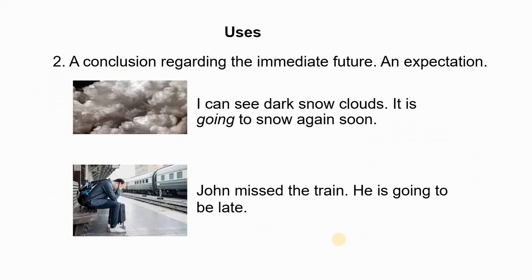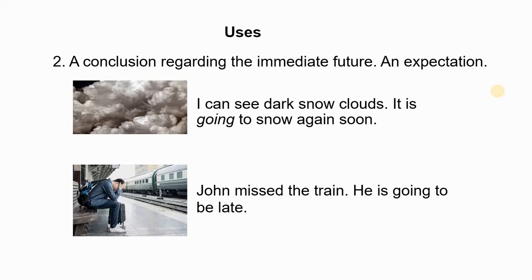Now, let's look at another use of going to. So, another use is a conclusion regarding the immediate future or an expectation. Okay? So, a conclusion of something, the immediate future. So, we can also call this an expectation.